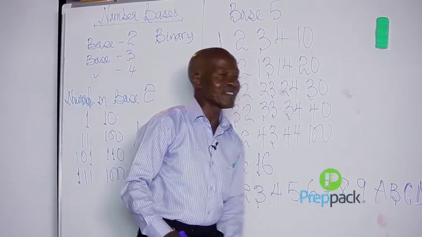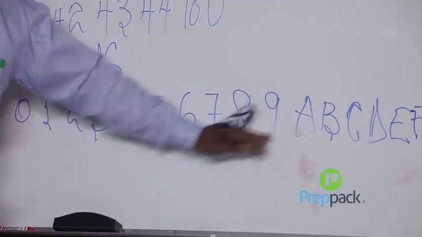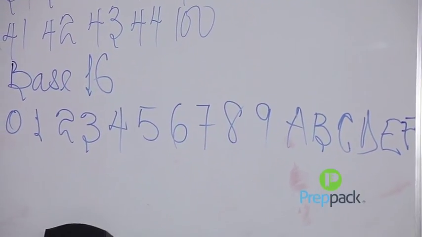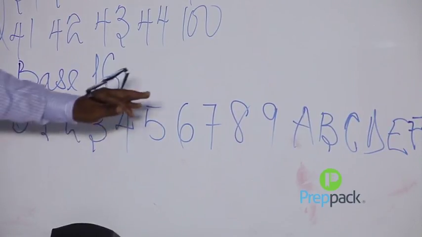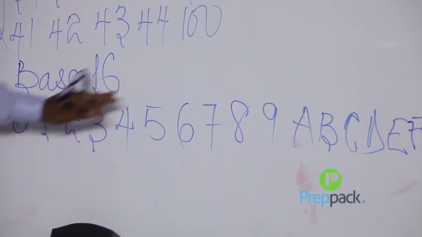These alphabets, shown as alphabets here, are really figures. Okay? That gives us the exact decimal base.